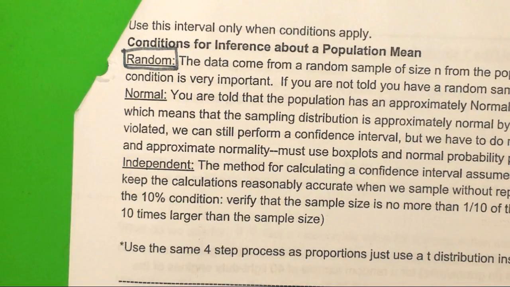another reason I'm mad at you about your thing on Friday is it should have failed the conditions. Because I don't know about you, but mine failed because my p times n and my n times 1 minus p was not bigger than or equal to 10. And why do I know this?